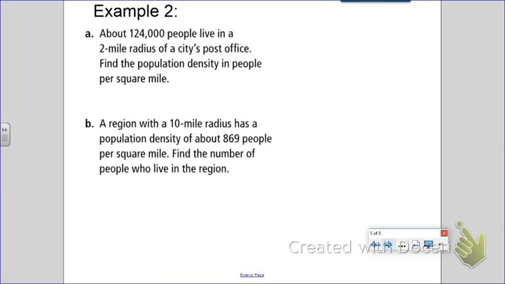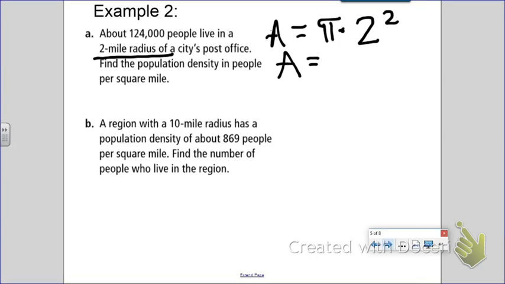In our next example, about 124,000 people live in a 2-mile radius. Find the population in people per square mile. So in a 2-mile radius, our area would be pi times 2 squared, which is 4 times pi, 12.57 rounded.